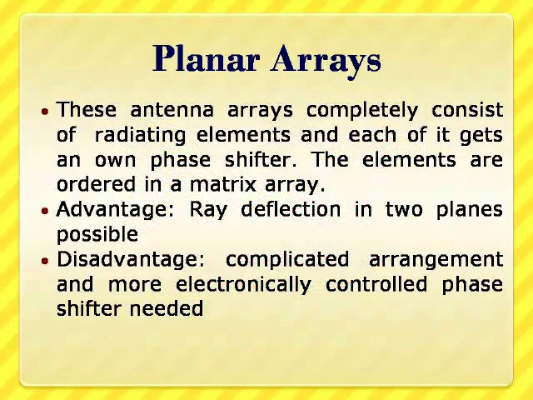So these antenna elements will have a matrix combination. That means each element can be identified by its position along the row and along the columns. The advantages are the ray deflection in two planes is possible, and the disadvantages are complicated arrangement and more electronically controlled phase shifters are needed.